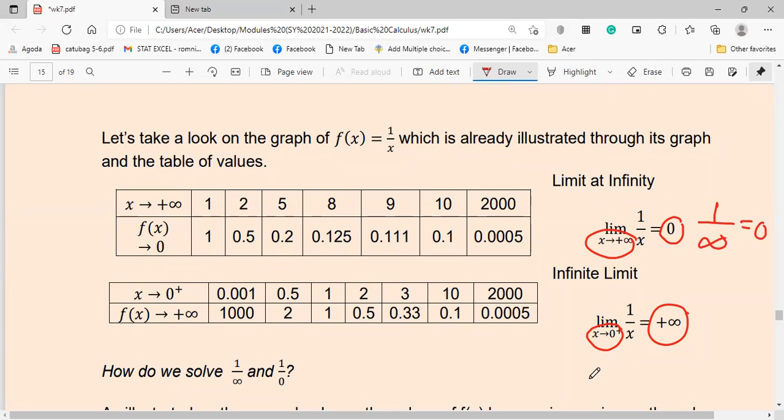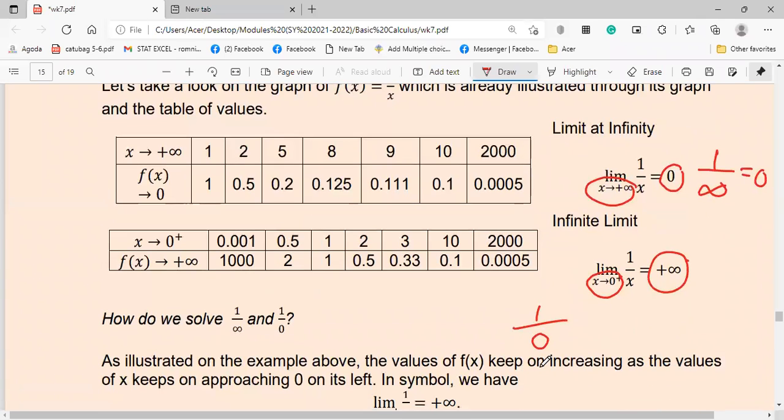But take note, what if you have 1 over 0 form? Paano kung meron kang 1 over 0 form when it comes to limit? Okay, going back, di ba napag-usapan na natin ang 0 over 0, that is the indeterminate form, isn't it? We also talk about 0 over 1 because that is immediately 0.